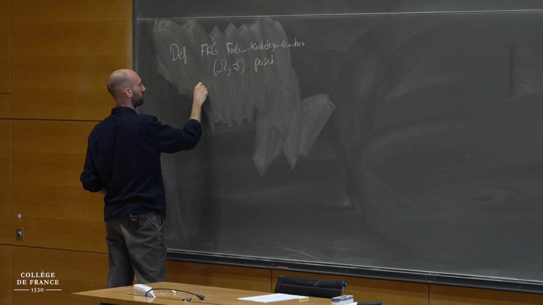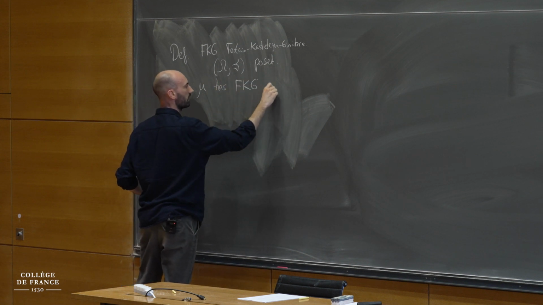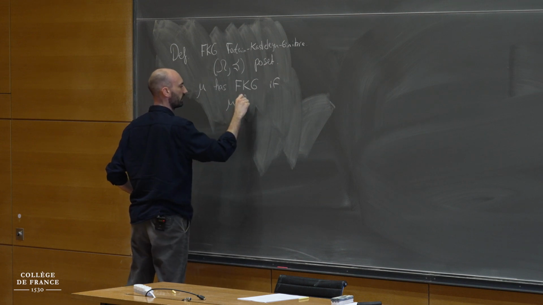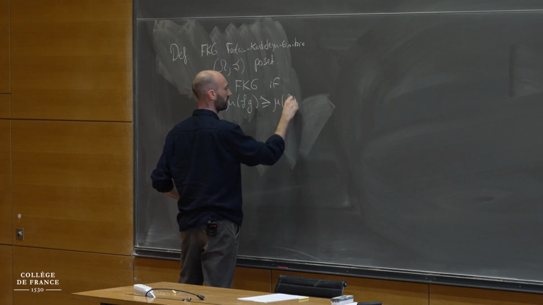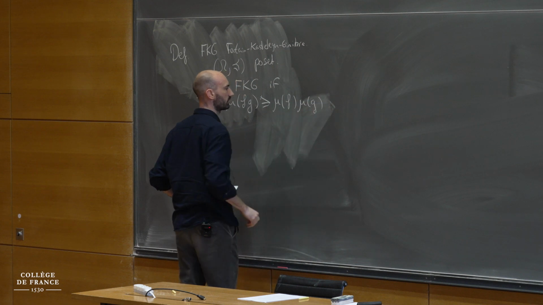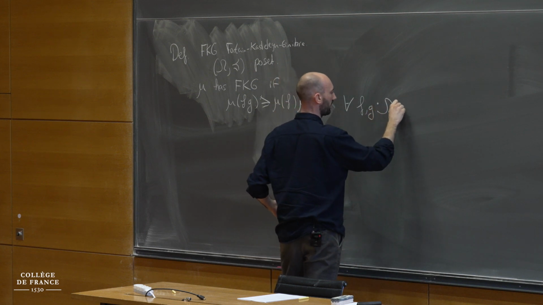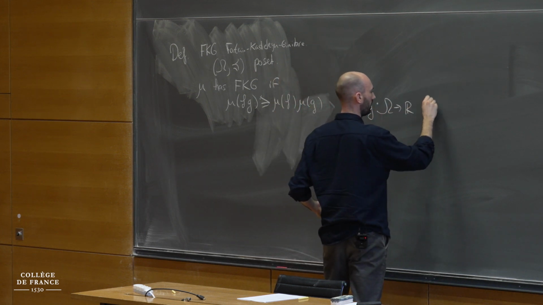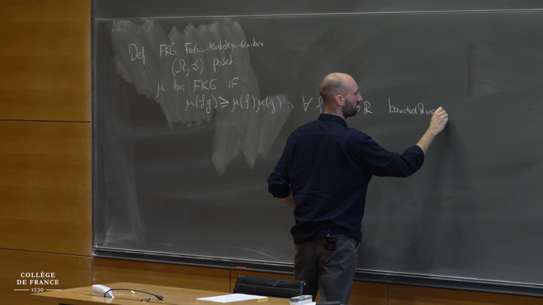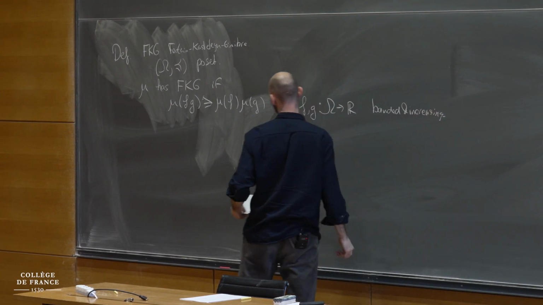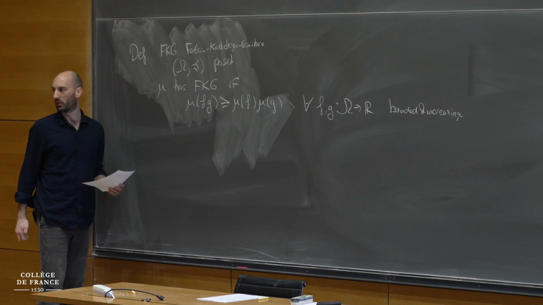And then we say that mu has the FKG inequality, or it has FKG, if mu of FG is at least mu of F times mu of G for all F, G from omega to R, which are bounded and increasing. So of course, increasing is always with respect to the partial order on our poset.